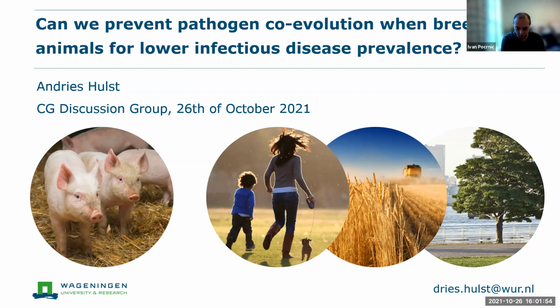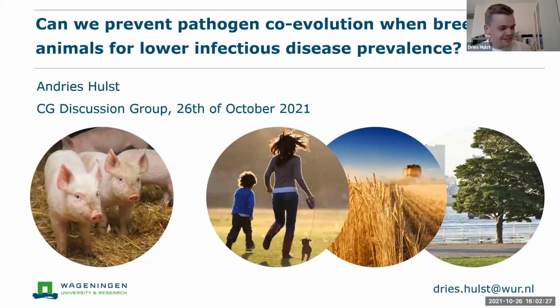In the last few years, we had the African swine fever virus going around. In China, for example, it decimated quite a big population, and I think something slightly less than 1% of Chinese GDP was the total cost of that. So it's quite an important topic. With this, Andries, the floor is yours. Go ahead.